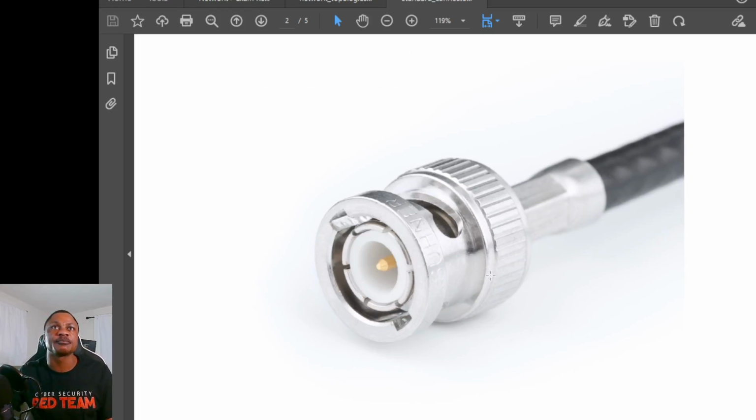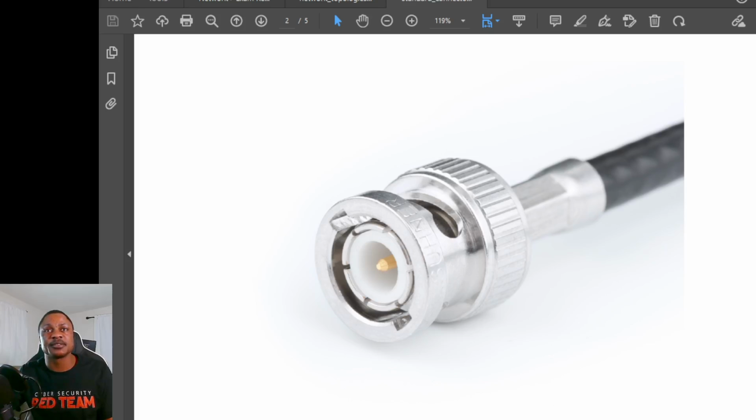This connector is called the BNC connector. BNC is mostly defined as bayonet Neill-Concelman, and that's what most experts have defined it as. It's supposed to be the last names of the inventors of this connector, and it's used by the RG58.